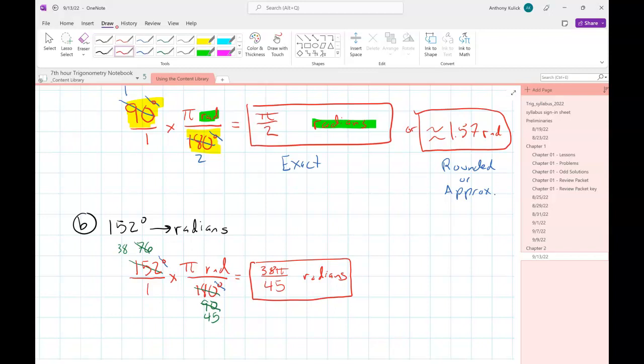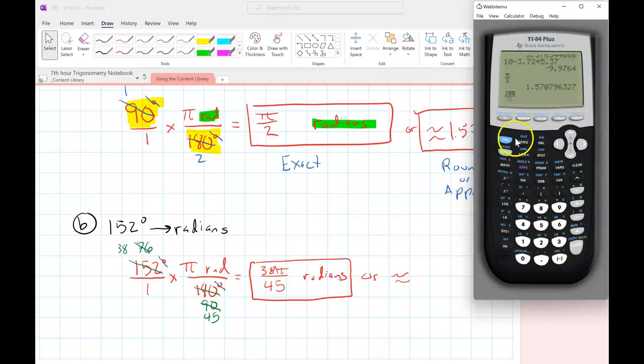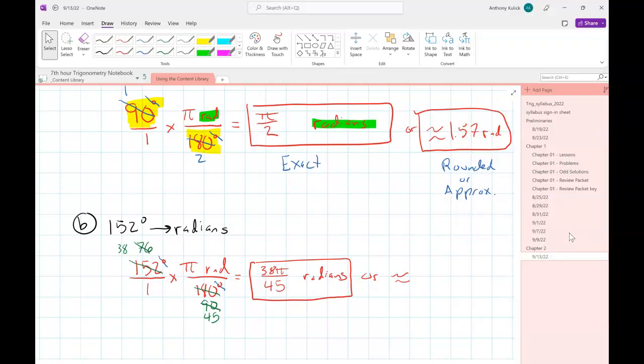That trick only works for 3s, but it's a good one. Or I could have typed this into my calculator. And that's about 2.65 radians.